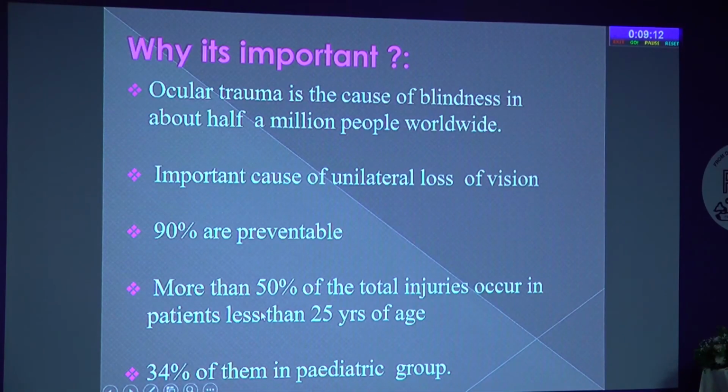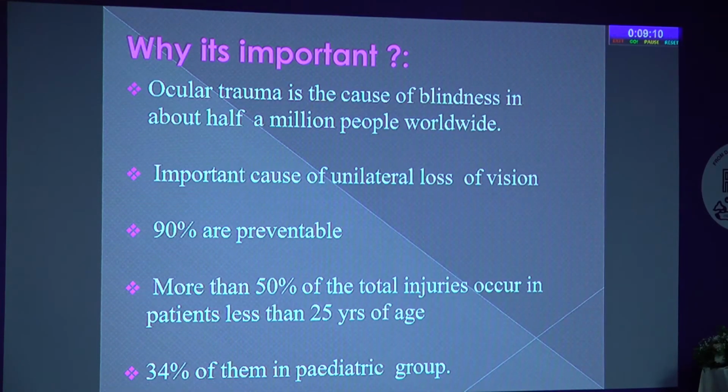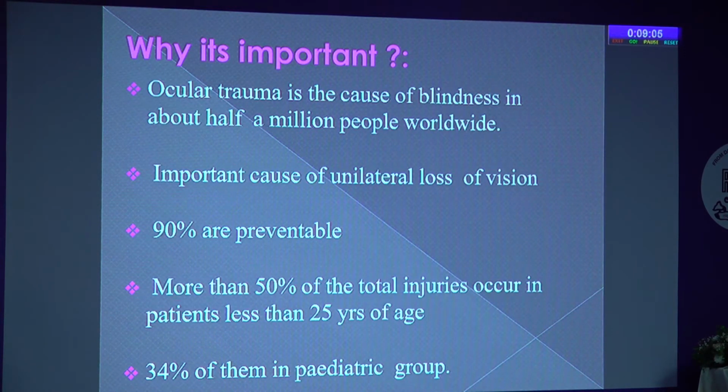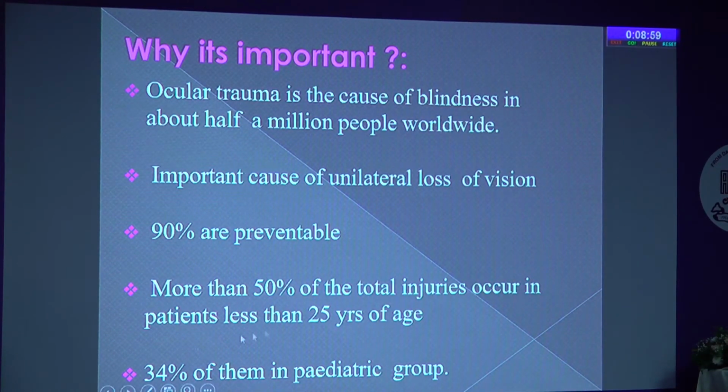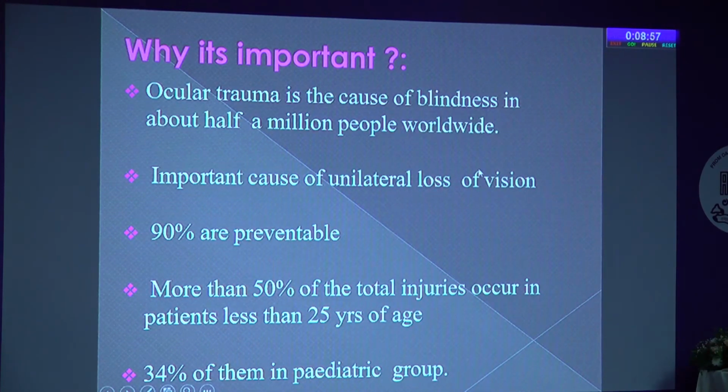Another point is why it is important to know and manage penetrating injury. When we look at the epidemiology or the data, we find that it is almost the most common unilateral cause of loss of vision.